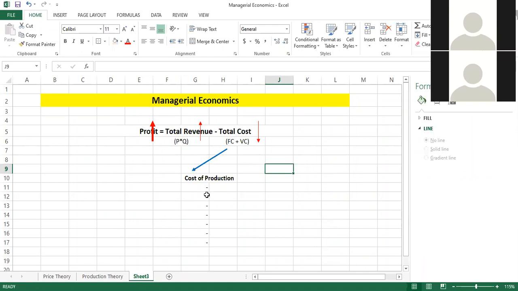When we analyze the cost of production, there are key points we need to discuss. We know economic cost is different from accounting cost, so we need to know the difference between accounting cost and economic cost.